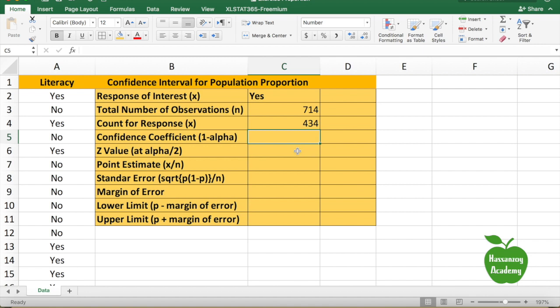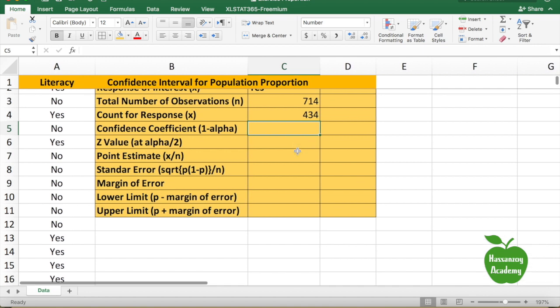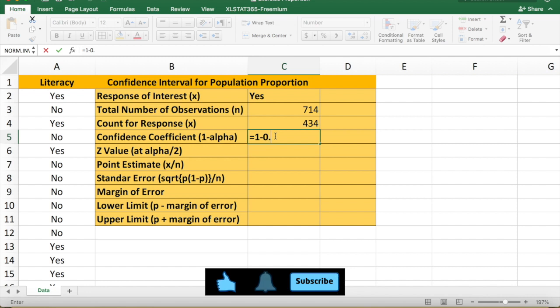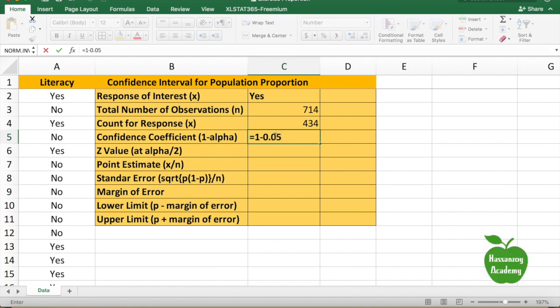Third, we identify the confidence coefficient and also the value of standard normal variate or Z at alpha divided by 2. In this example, we will assume alpha to be 0.05 or 5%. Hence, the confidence coefficient will become 0.95 or 95%. So 1 minus 0.05, which is the error, it becomes 0.95 or 95%.